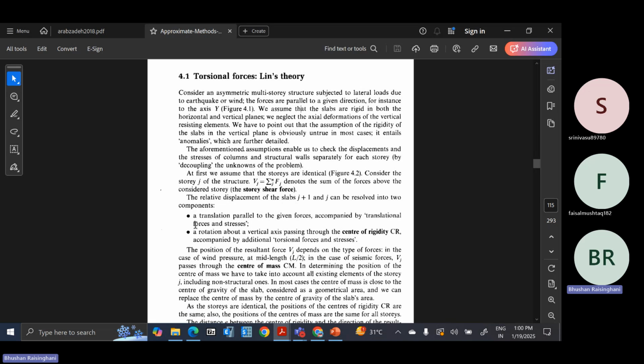Here you can see the relative displacement of the slabs J plus 1 and K can be resolved into two components.